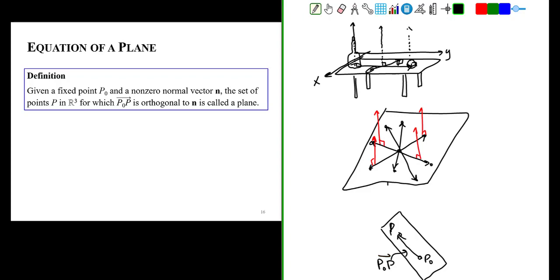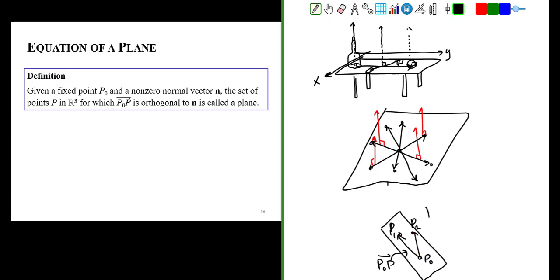Notice, and let's actually create another vector. And in fact, let's call this first vector P1, or at least the point that the vector ends on, P1, and let's look at another point, P2. And let's connect a vector from P0 to P2.